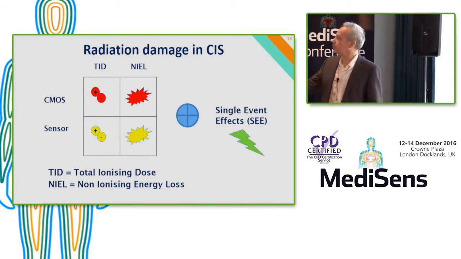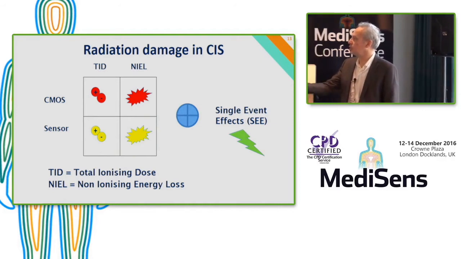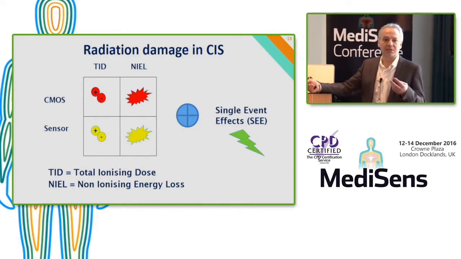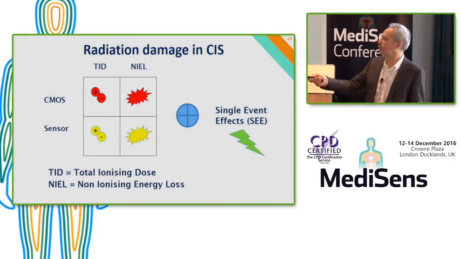So I want to distinguish between what I call the CMOS, which is the electronics reading out, all the transistors effectively, and ADCs and other functional blocks one can have in a sensor, and then the sensor itself. Both would have two different types of damage.